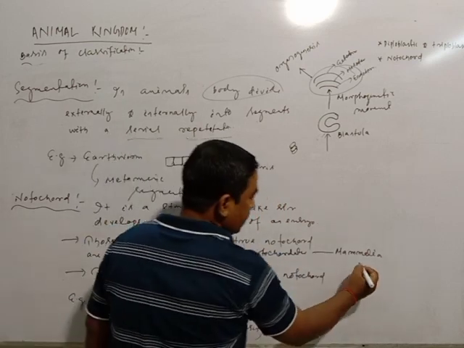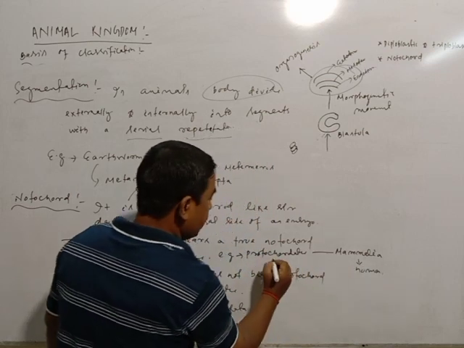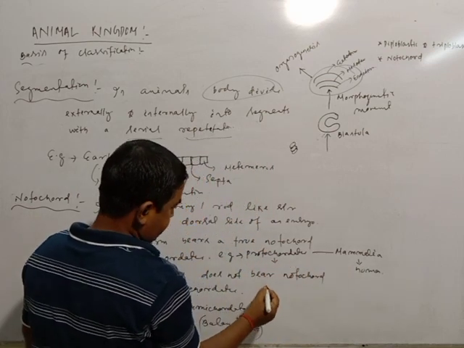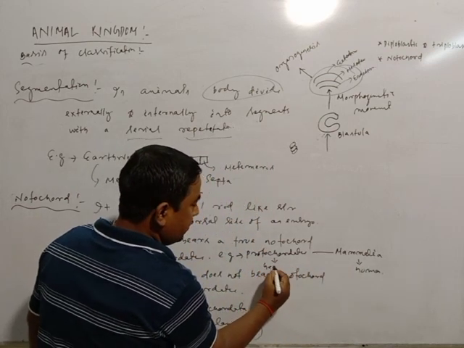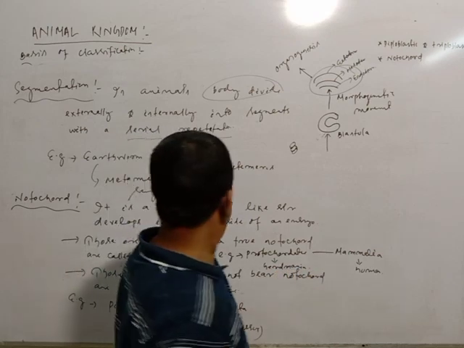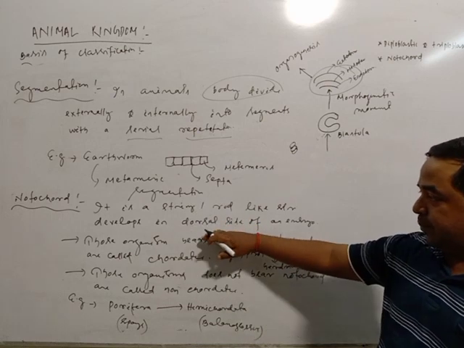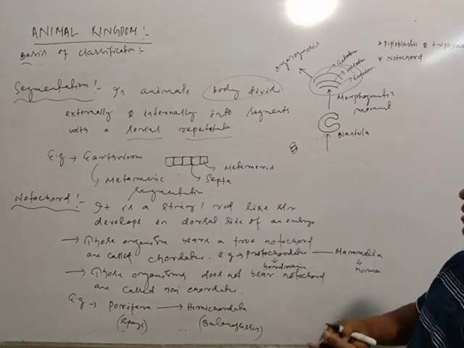Mammalia example is human. It is a string or rod-like structure which develops in the dorsal side.